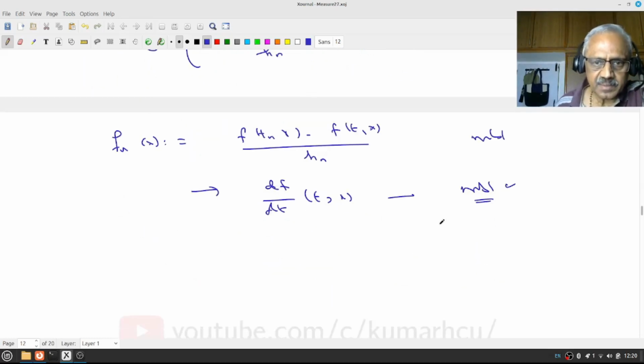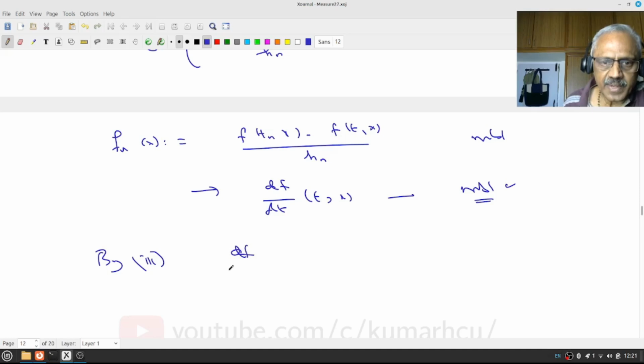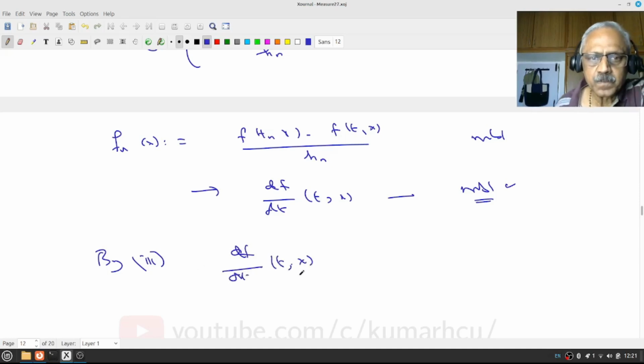The next thing, by assumption 3, df by dt of (t, x) is less than or equal to some g of x, right?